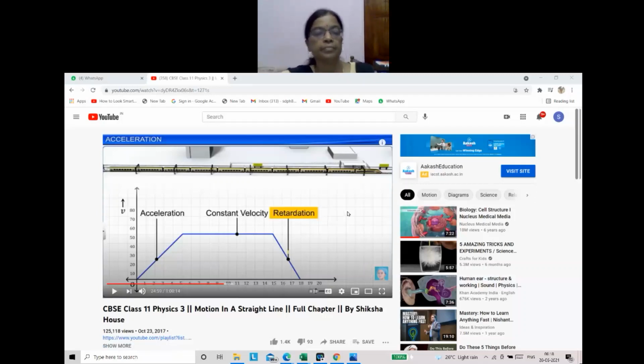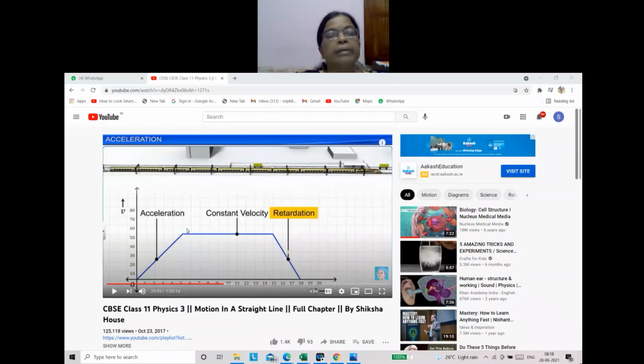Okay, children. So now we are studying about acceleration. Acceleration means rate of change of velocity. That means change in velocity by time interval. Here, in the case of motion of a train or a car, we can see it initially starts from rest and increases its velocity.